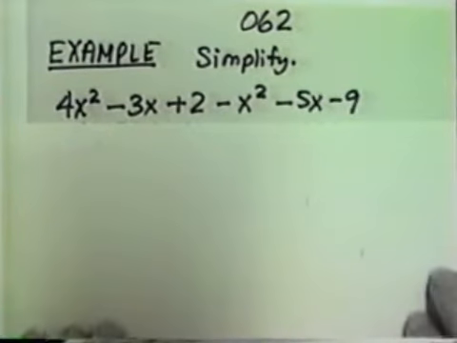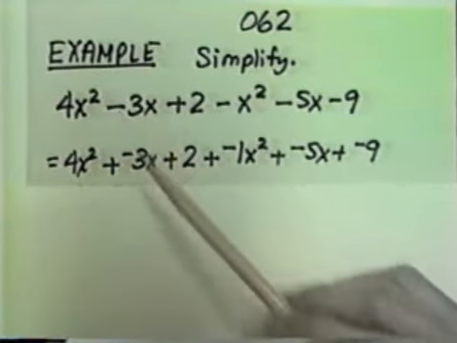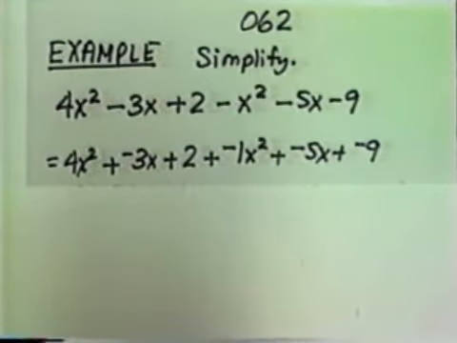Let's simplify another problem. 4x squared, subtract 3x, add 2, subtract x squared, subtract 5x, subtract 9. To simplify this problem, we begin by changing the subtract to add the opposite in each case.